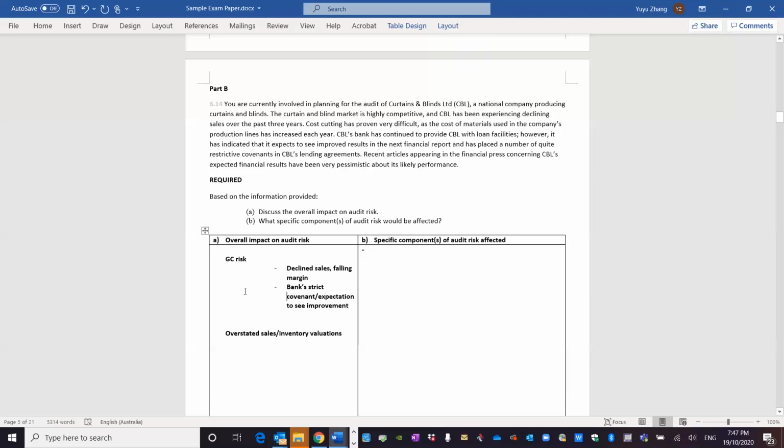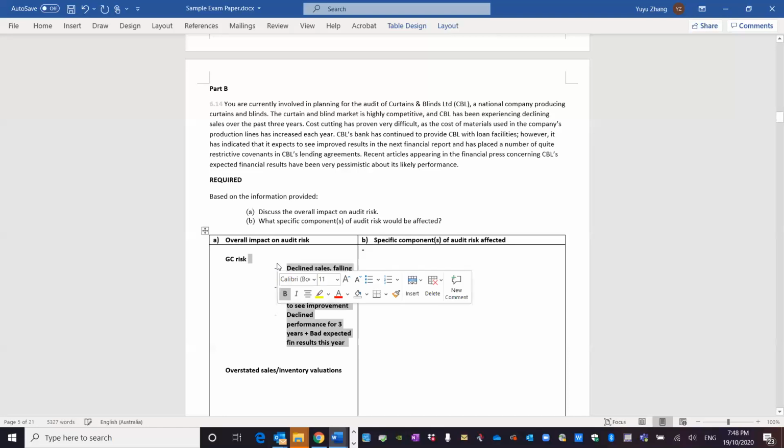And also very bad expected financial results this year. And also declined performance for 3 years plus. So it seems all the information can tell us the company is experiencing a very difficult time and is struggling for survival.